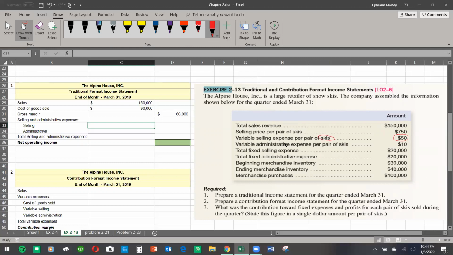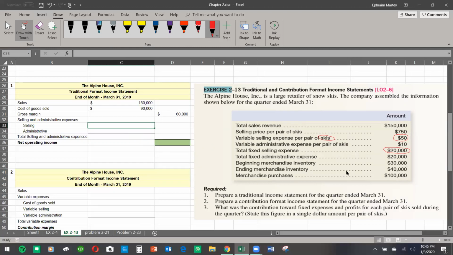That's the variable selling expense. The fixed is the same. But here, if one ski costs $50, what is the total selling cost?